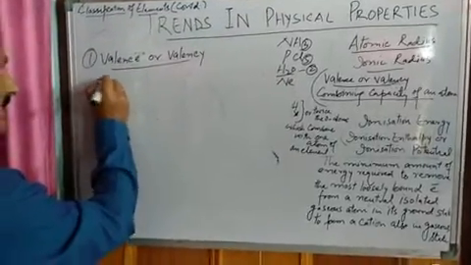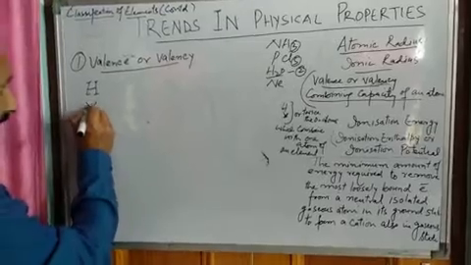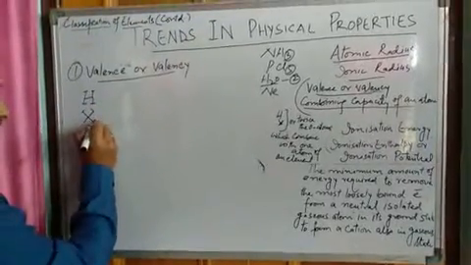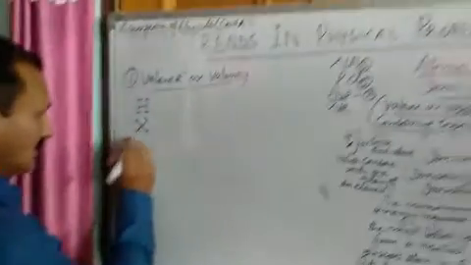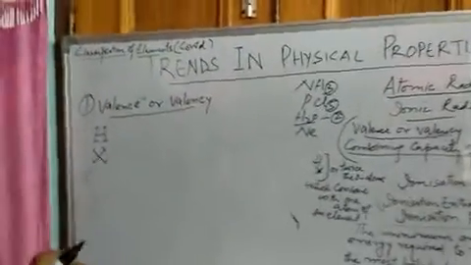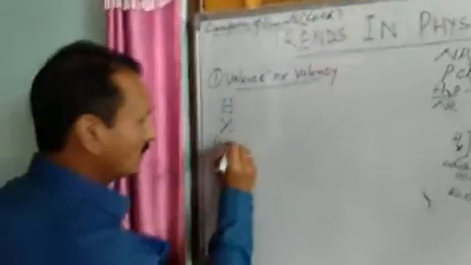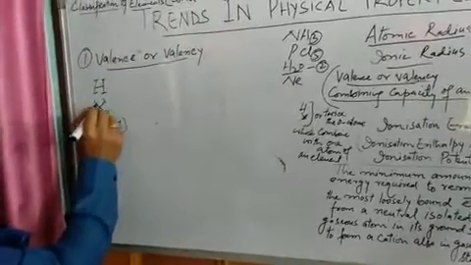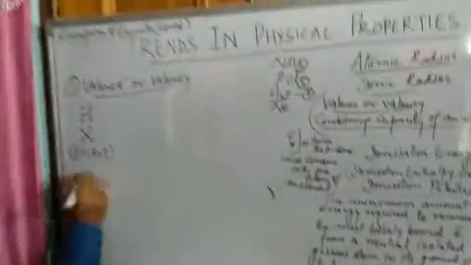Please remember, number of H atoms or number of halogen atoms, X for halogen. Halogens are chlorine, bromine, fluorine, iodine. They are represented by X. So this is hydrogen, this is halogen, and this is oxygen.